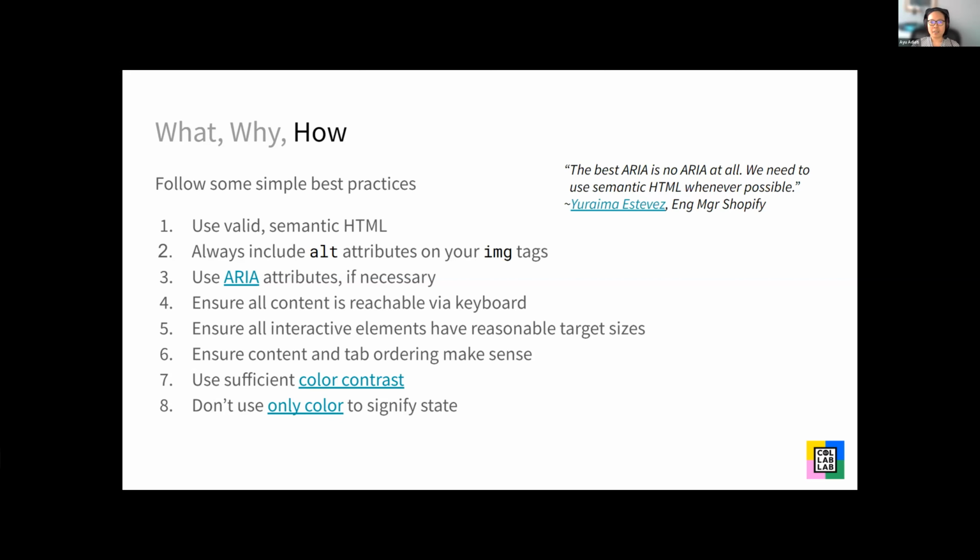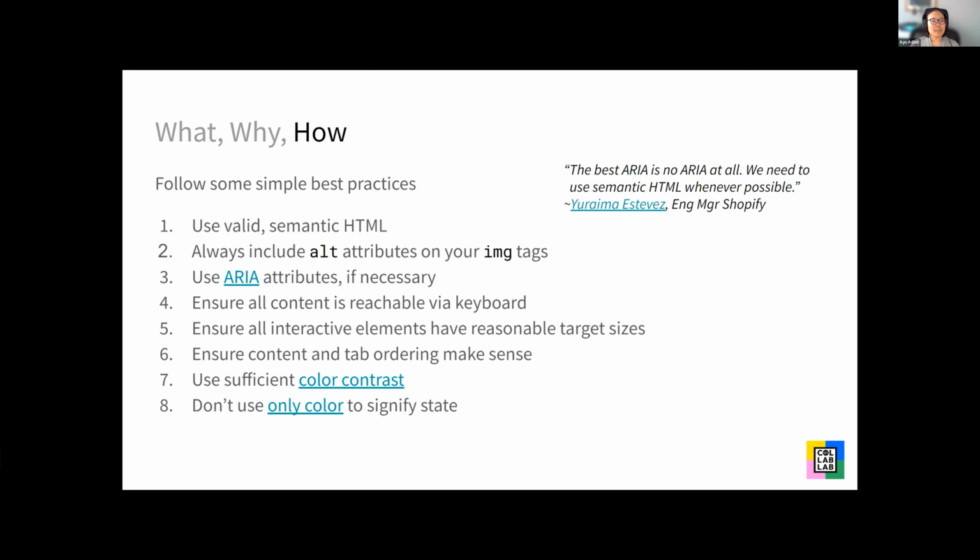Images with the purpose of decoration don't need to have alt attributes, but we can always try to get used to including alt attributes wherever we can. And then use ARIA attributes if necessary. The best ARIA is no ARIA at all. We need to use semantic HTML whenever possible.